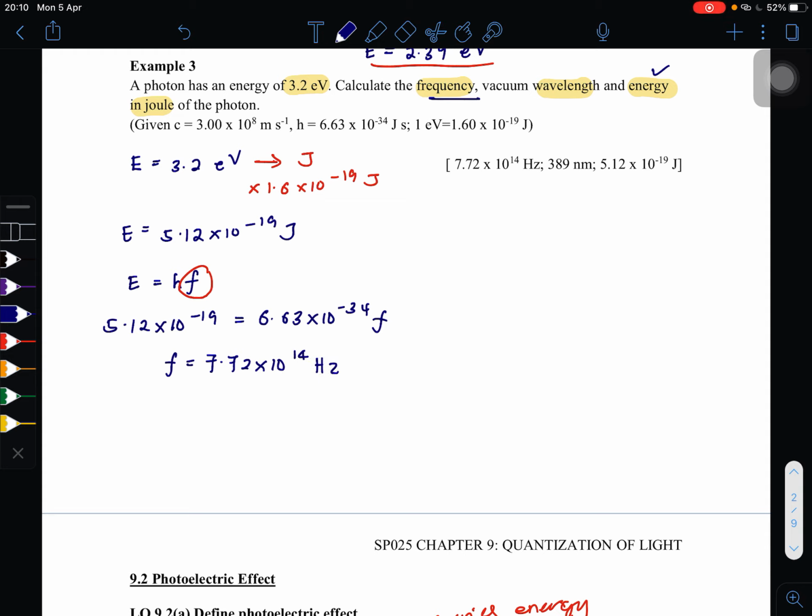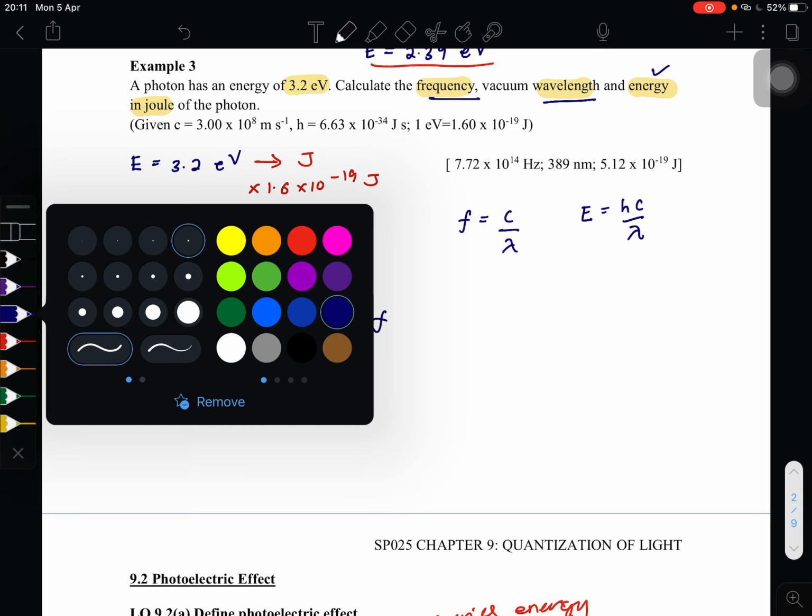And then last one we want to find is wavelength. So we have F is equal to C over lambda. This formula, kita boleh gunakan formula ni ataupun boleh gunakan E is equal to HC over lambda. So sama je lah, kamu akan dapat jawapan yang sama.